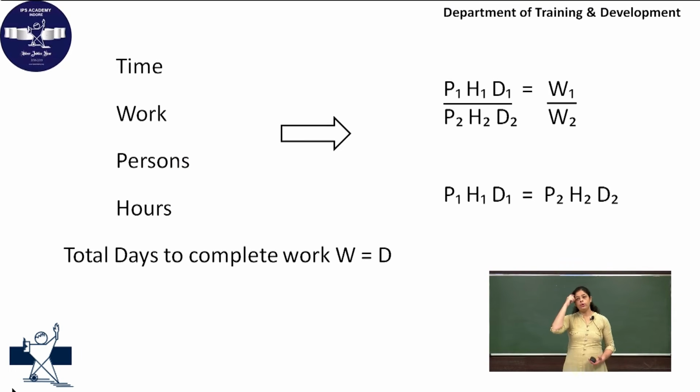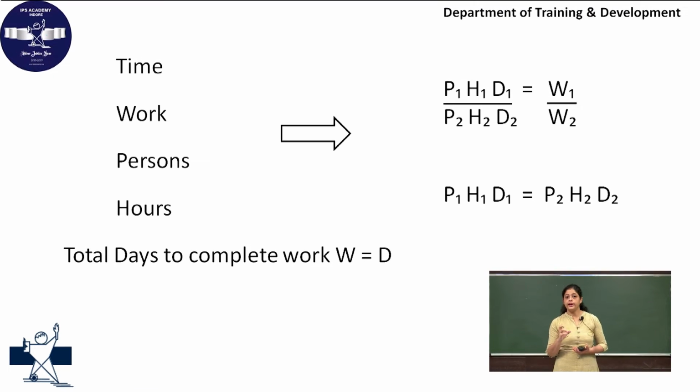Now when total number of days they are taking to complete the entire work, suppose I am taking 5 days to read a book. So per day how much book I will be reading? It is 1/5.